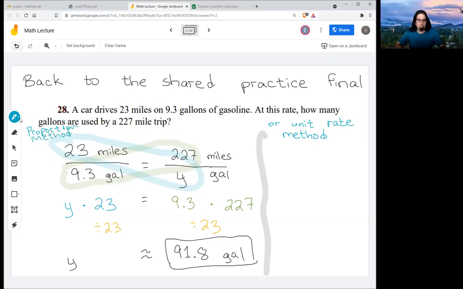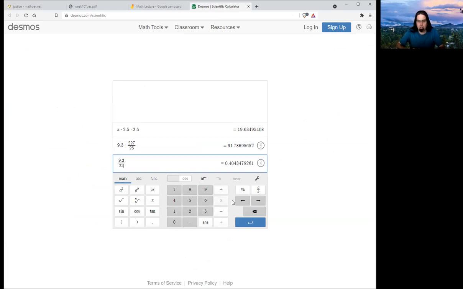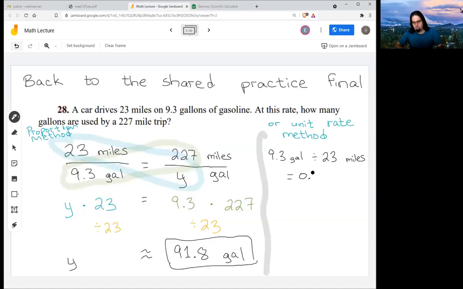So the unit rate way, I would say that I'm going to do, no, other way, 9.3 gallons divided by 23 miles is about 0.404. I'm in the middle, so I'm not going to round much, 0.4043.